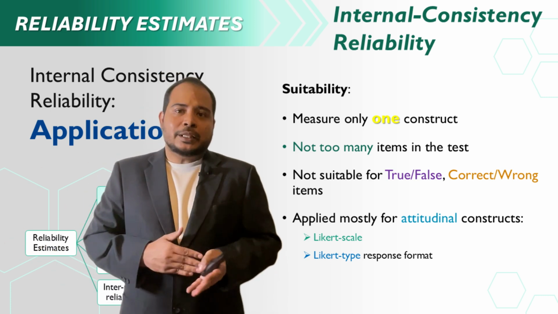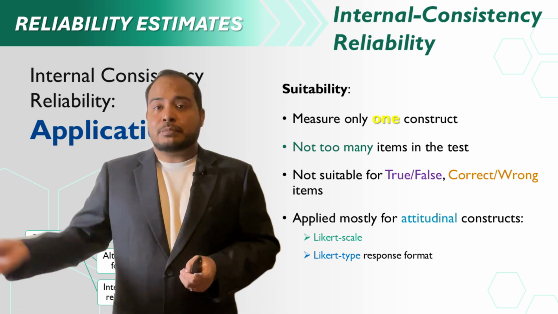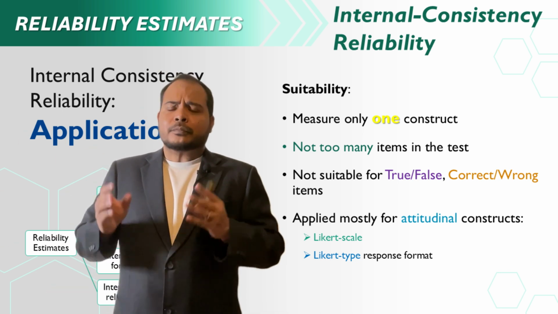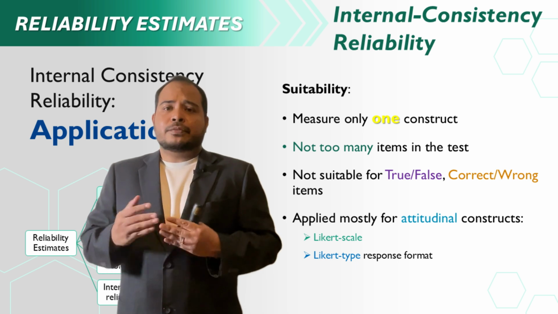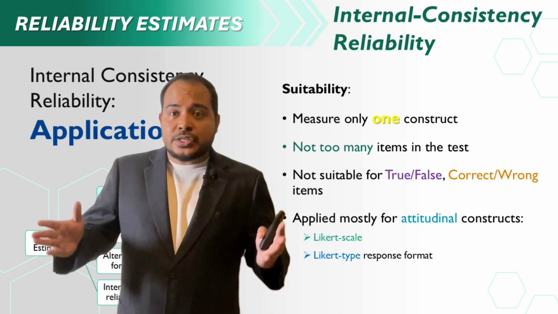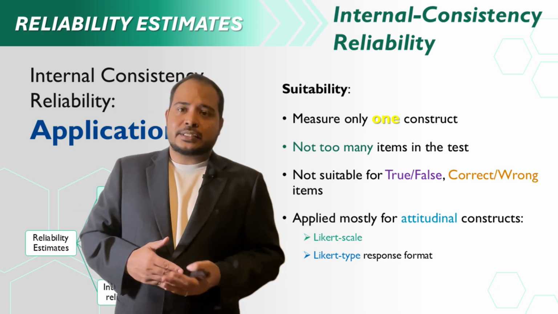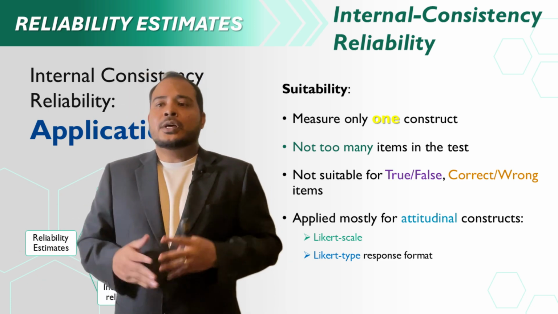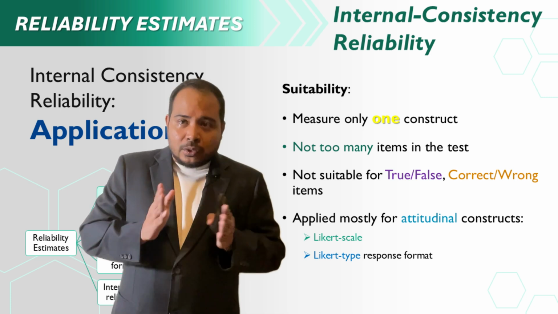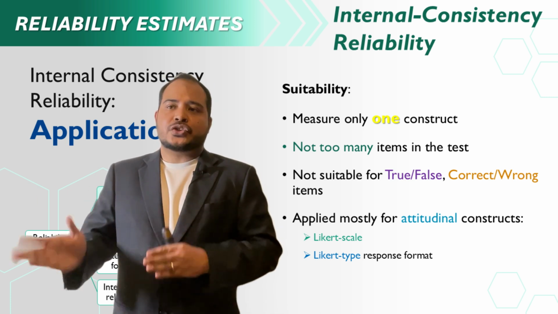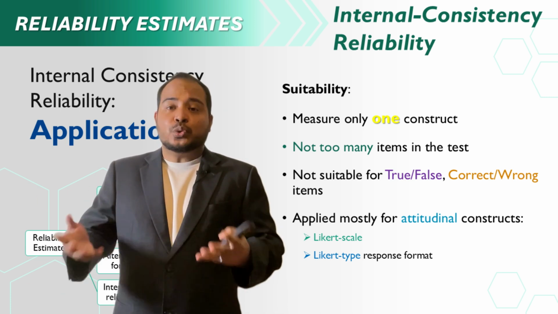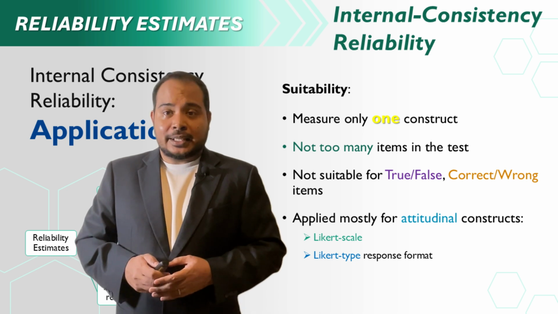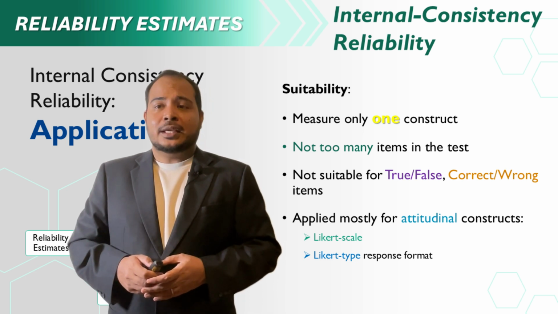So this has been termed as Likert type response format. In this sense, if they have this range of response formats, strongly disagree to strongly agree, highly favorable or unfavorable, you can use internal consistency reliability to estimate the reliability properties of the scale.